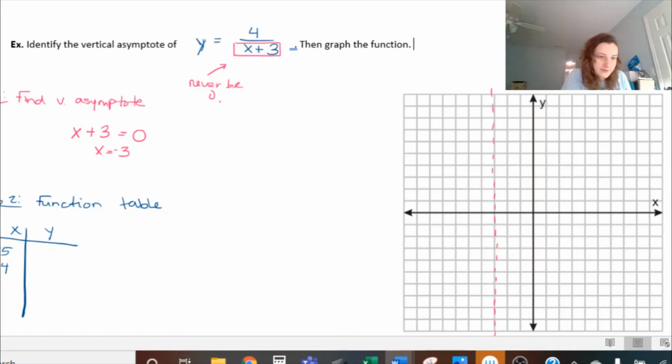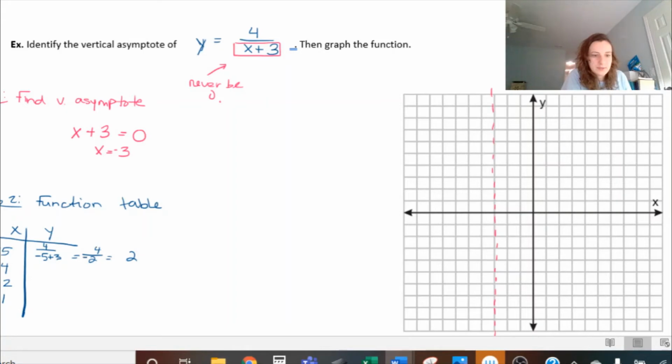And then we need some values that are bigger, -2, -1, okay? And so if I plug in -5 now, then I'm going to have 4 divided by x plus 3, which is -5 plus 3, which is 4 over -2, which is -2, okay?